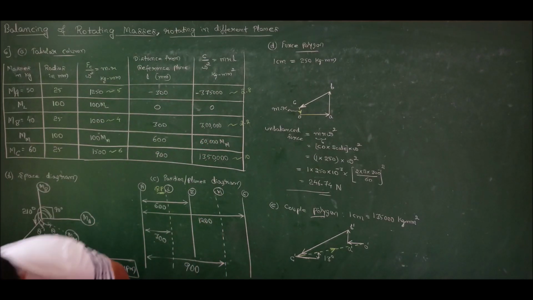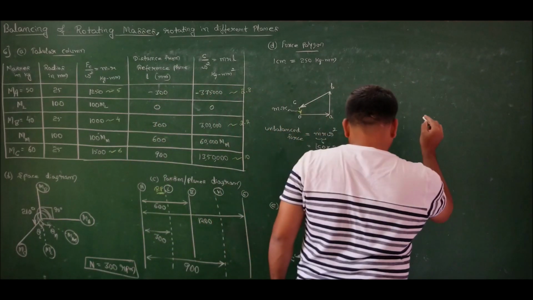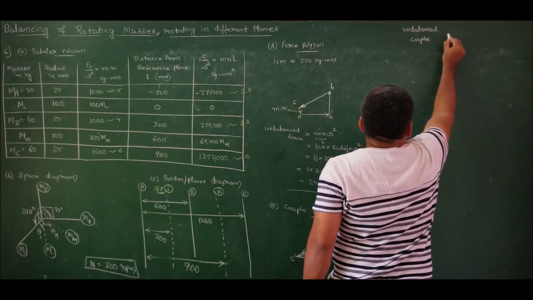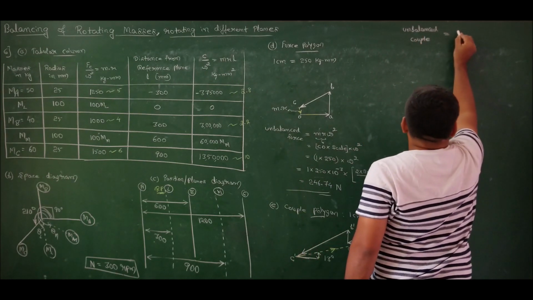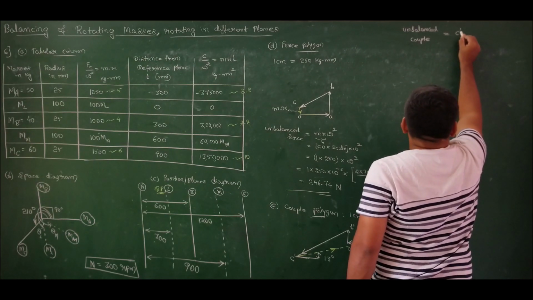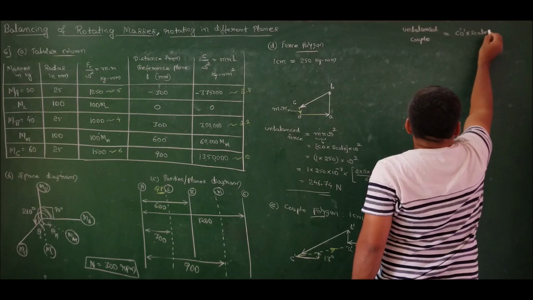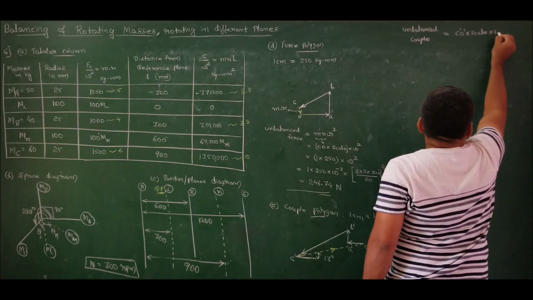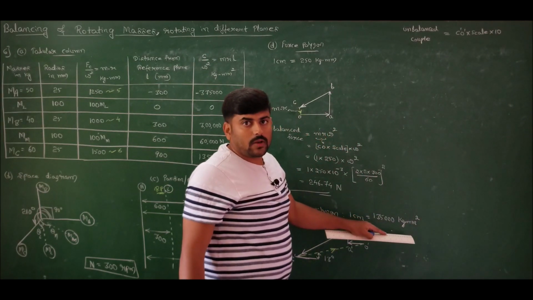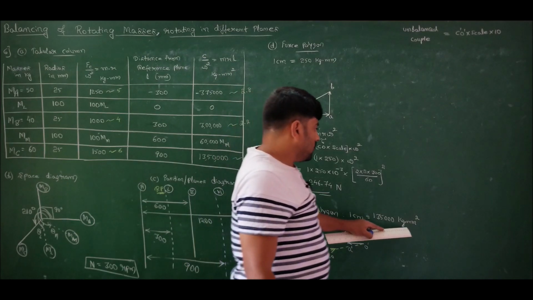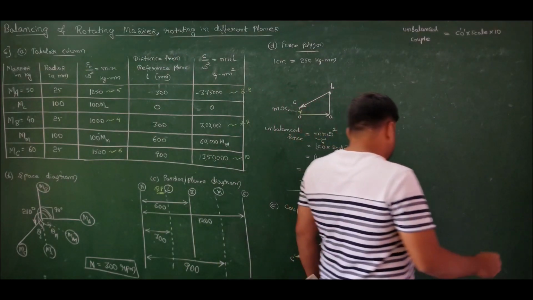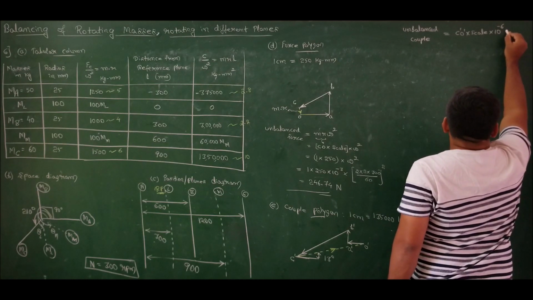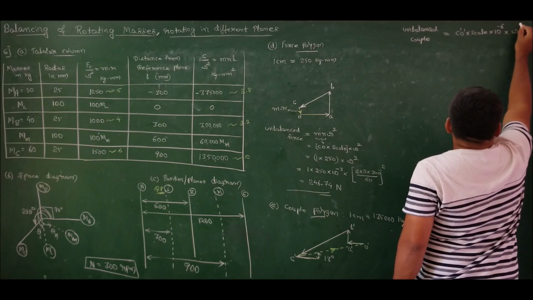Now the unbalanced couple is equal to line length C dash O dash into scale into 10 to the power of minus 6, because this is in kg mm square and I want it in kg meter square. To convert millimeter square to meter square I multiply by 10 power minus 6, into omega square.